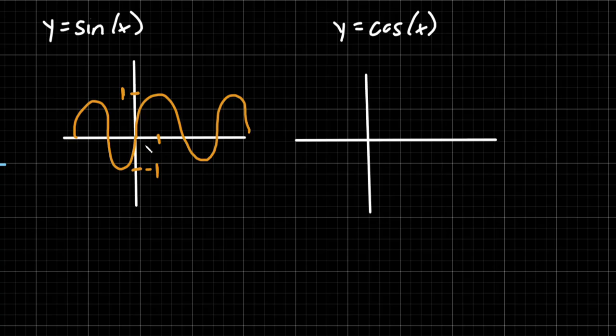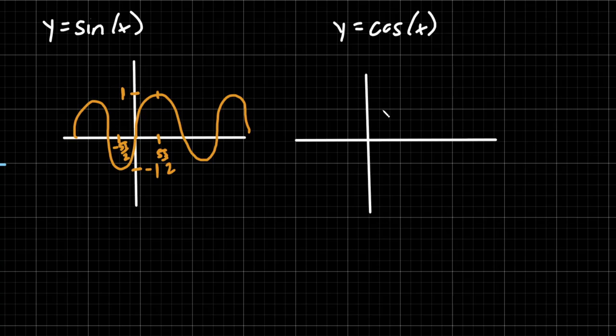What is its x value, or theta, at its max height? When sine is 1, where am I in the unit circle? Pi halves. In the negative direction, what radians am I at? Negative pi halves.